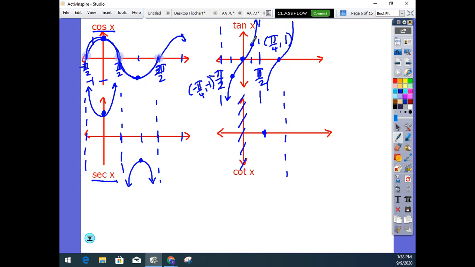Now, 1 is still 1. Negative 1, still negative 1. So it's just reflected over tangent. Tangent and cotangent are just reflected vertically. Okay. I think that's all for that.